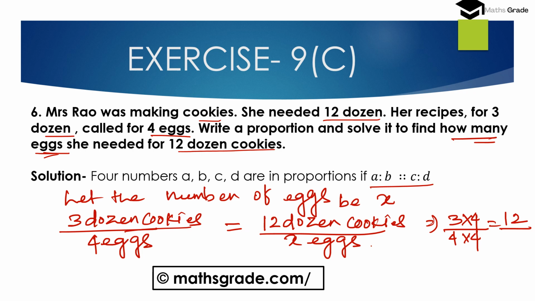So we have to multiply the consequent 4 with 4. So 4 multiplied by 4 is 16, which means 12 divided by x is equal to 12 divided by 16. So x is 16.